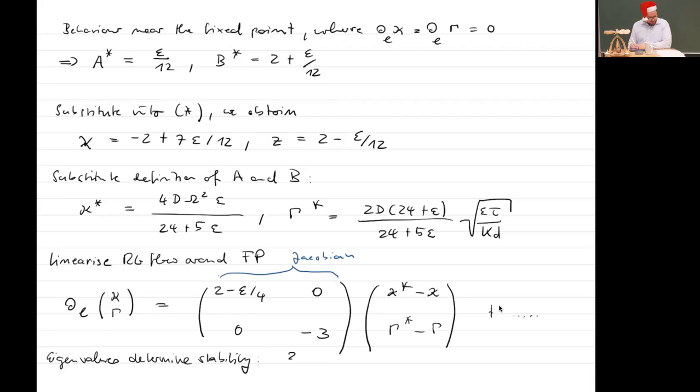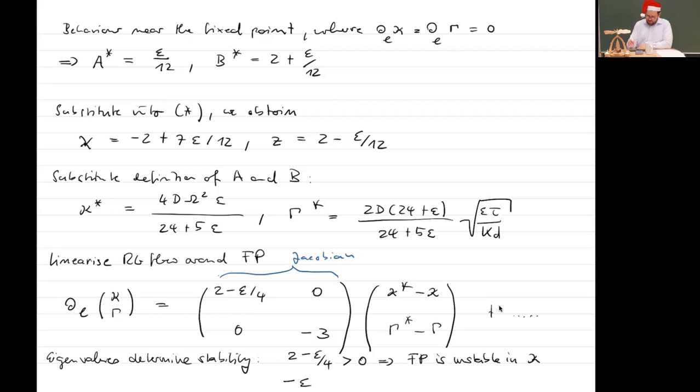So we have that 2 minus epsilon over 4 is larger than 0. That means that the fixed point is unstable in the direction of the parameter kappa.